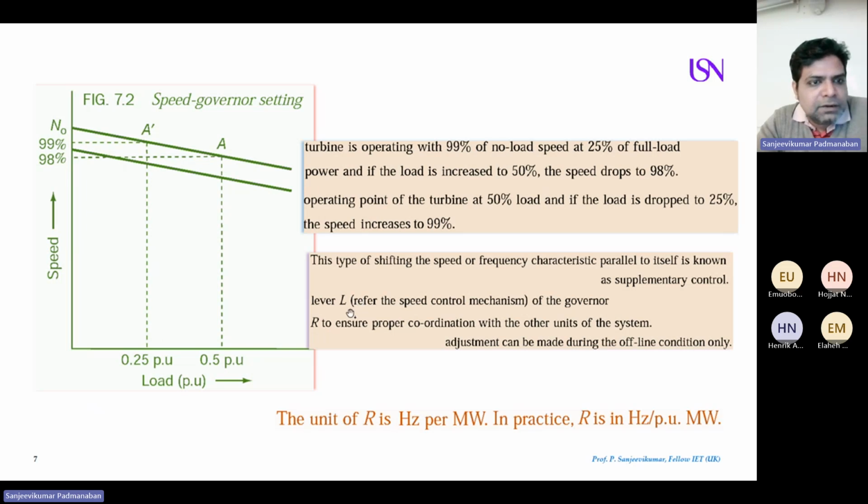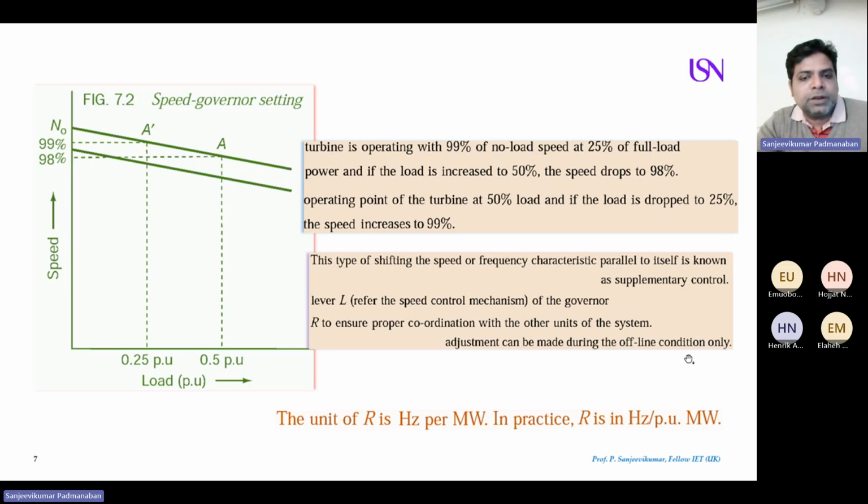And the level L, we mention a new term, which is called the speed control mechanism in the frequency control of the governor. So we introduce a variable called L, which controls the speed control mechanism. And R is the regulation of your frequency for proper coordination of the complete power system, even during offline condition monitoring.